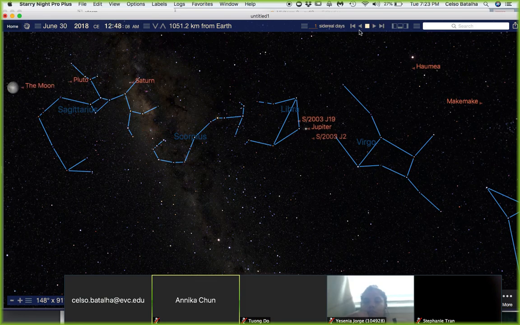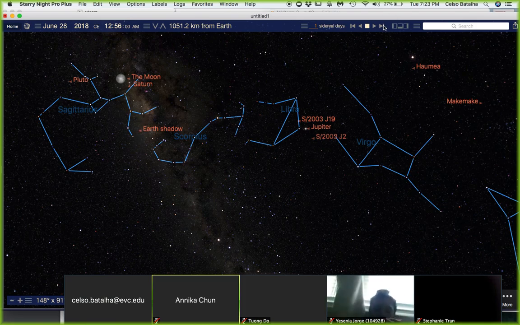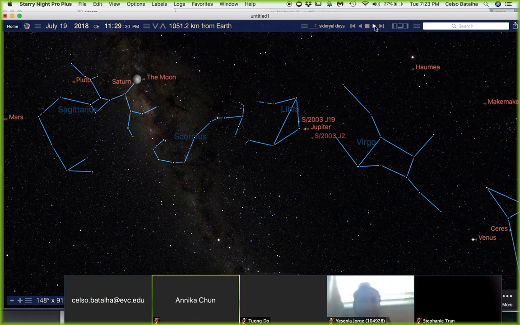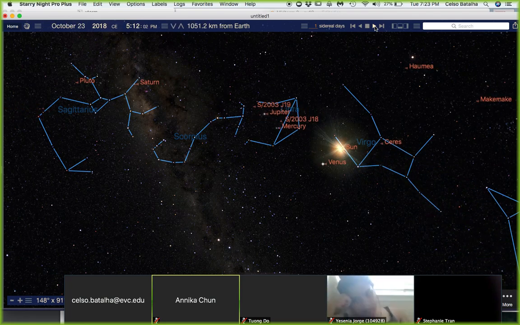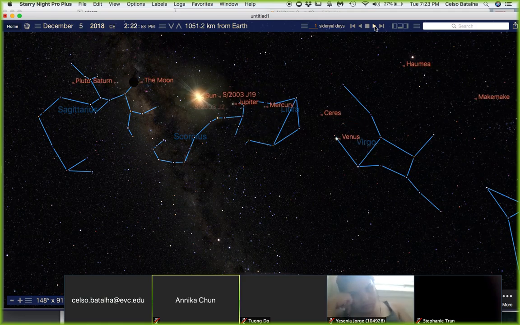So in fact, we just passed Earth's shadow. See Earth's shadow right there. If the moon had gone through Earth's shadow, we would have an eclipse. But it didn't. So if you look, I will speed this up. And now Jupiter also is going from west to east. The sun is going from west to east.